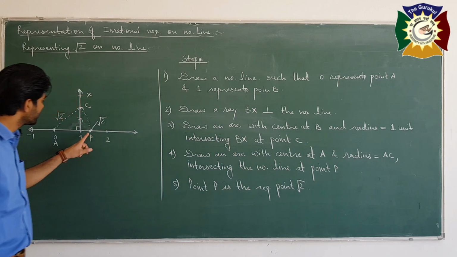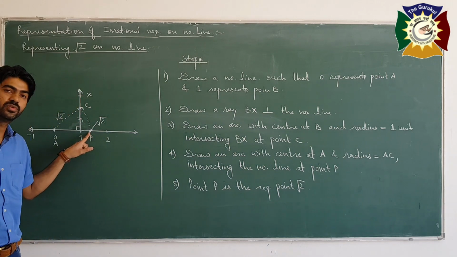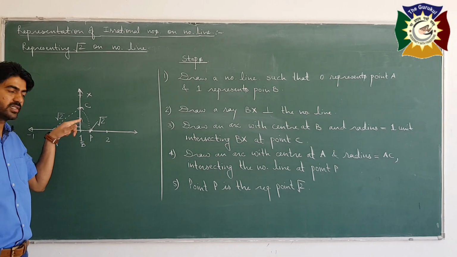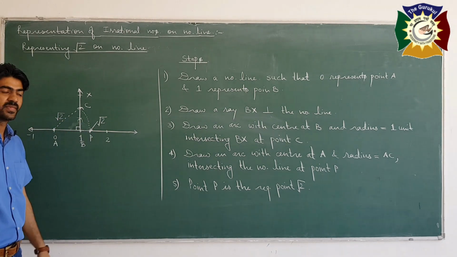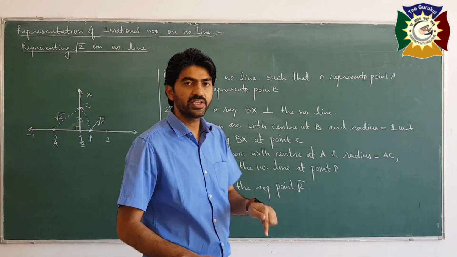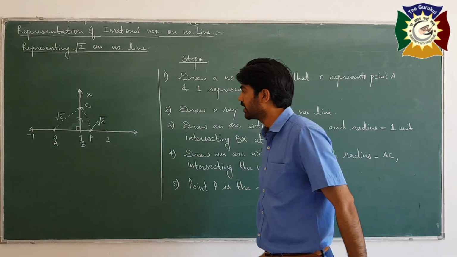It means root 2 lies here on the number line. So this is the representation of the irrational number root 2 on the number line.